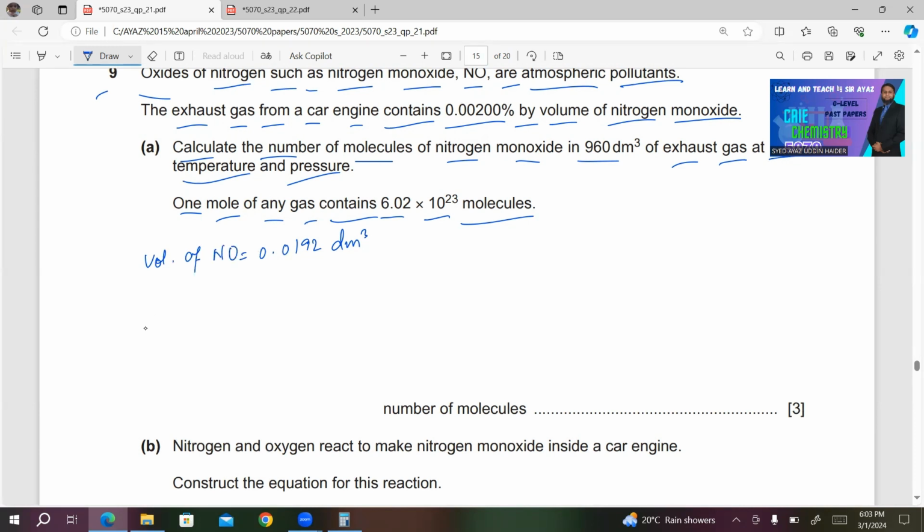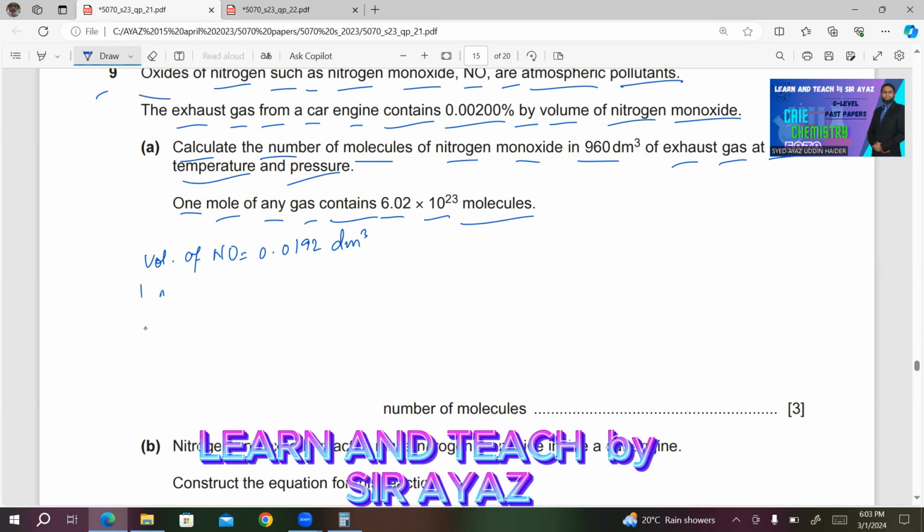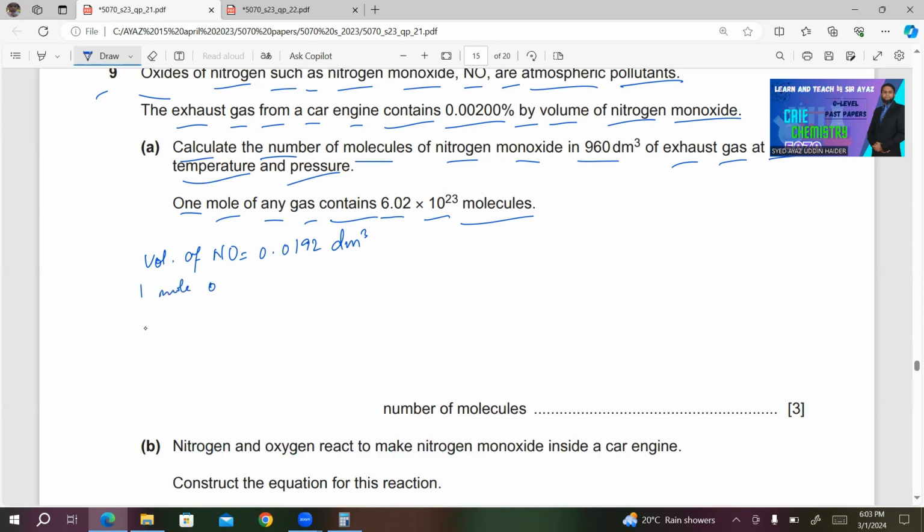Now I will convert this volume of NO in moles. And you know 1 mole of any gas at room temperature and pressure occupies a volume of 24 dm³.